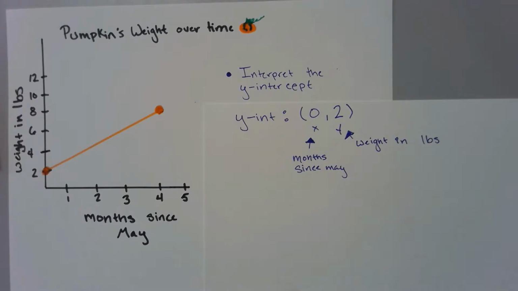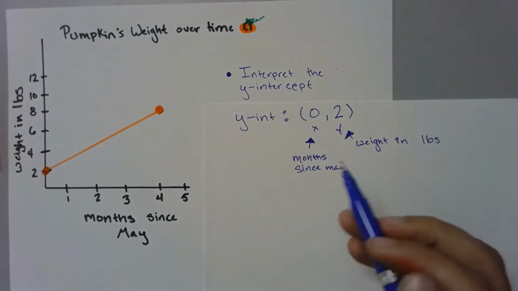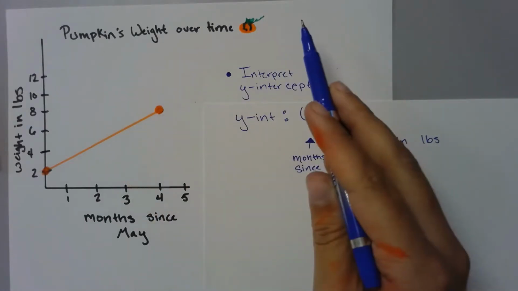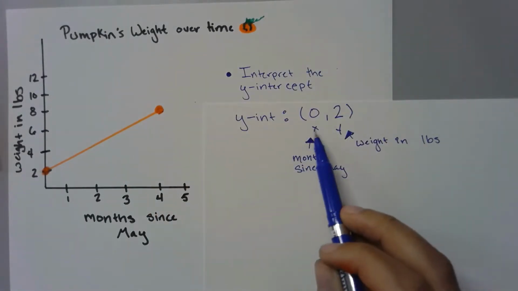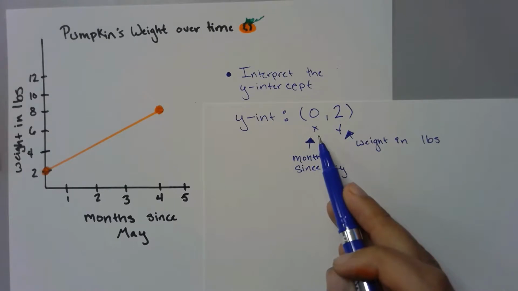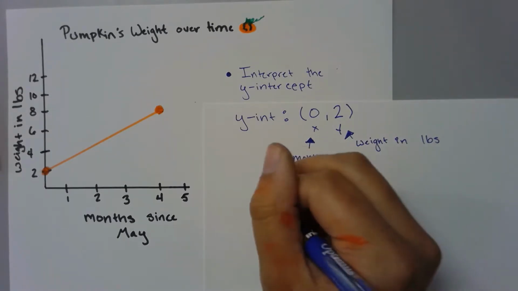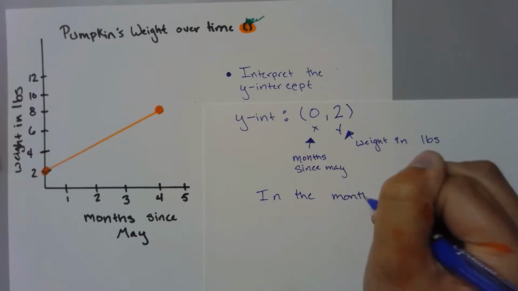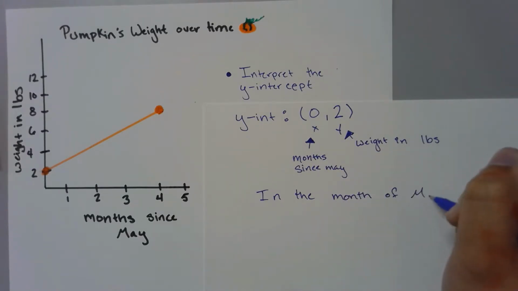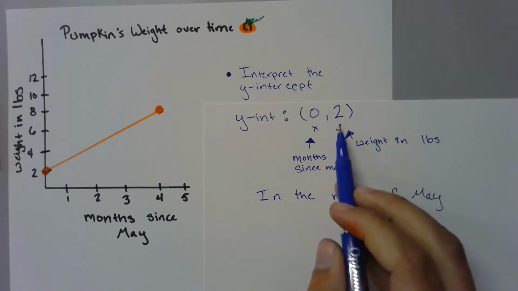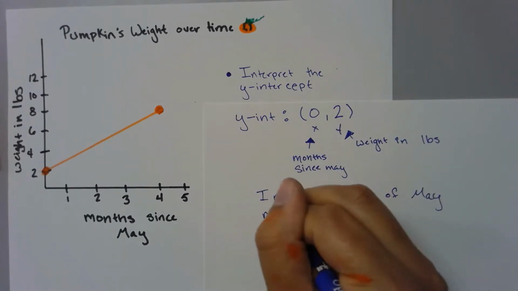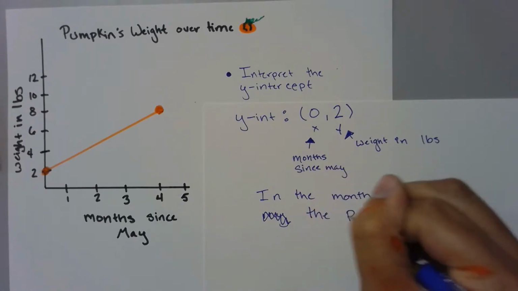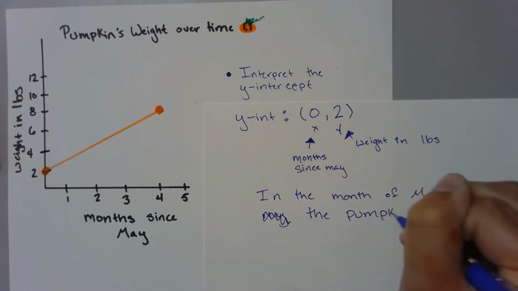So really all the information I need is here. This graph talks about a pumpkin's weight over time, and this says 0 months since May. So in the month of May, my pumpkin has a weight of 2 pounds. Or the pumpkin, I don't own this pumpkin.